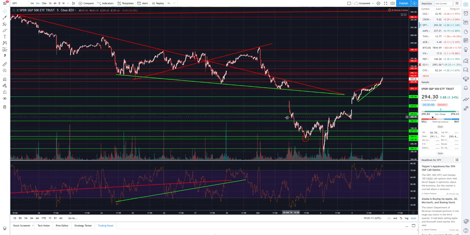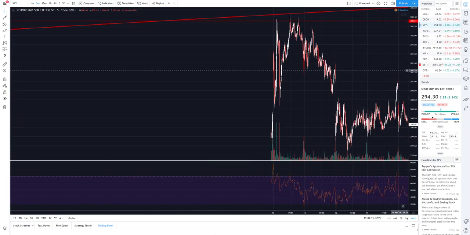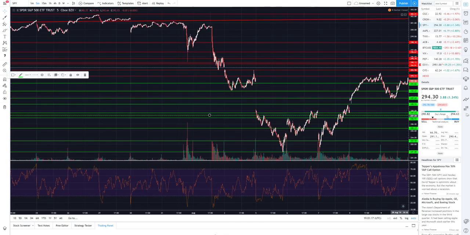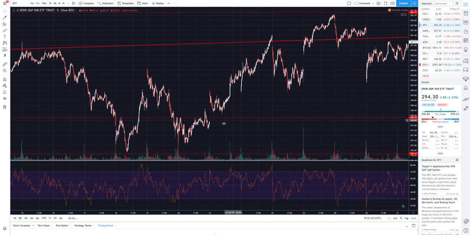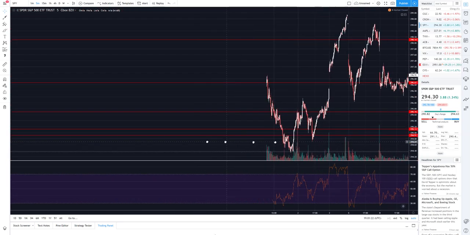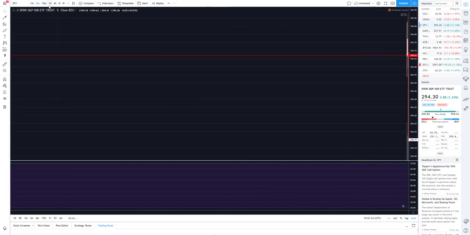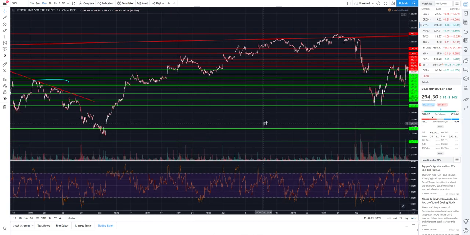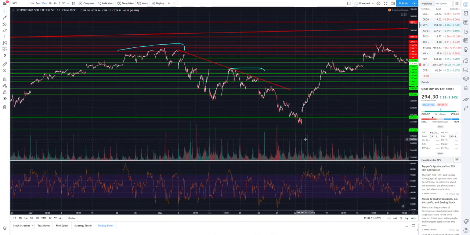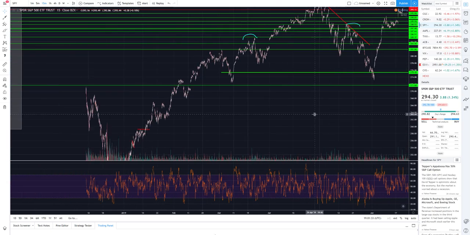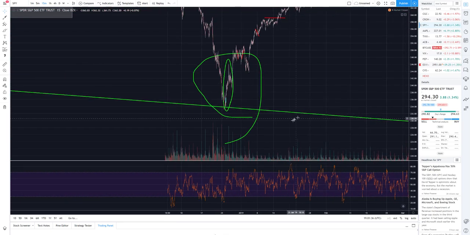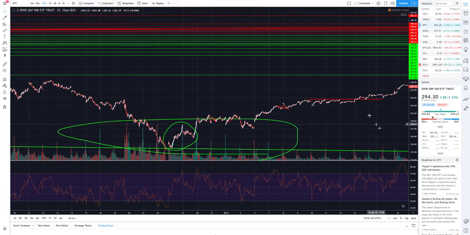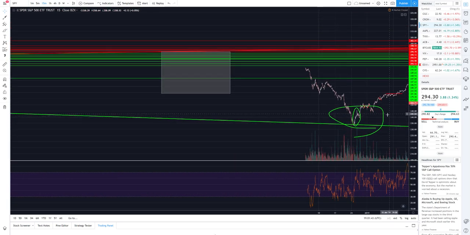Now look at SPY. So this is SPY in December.